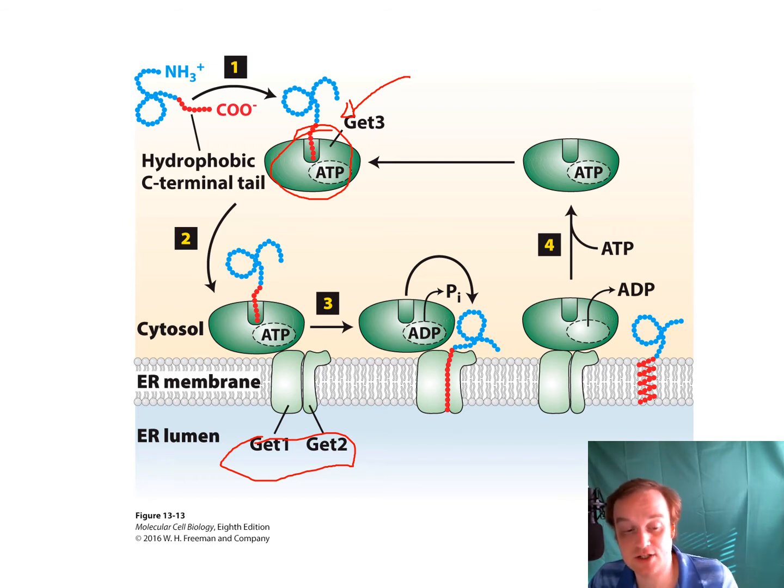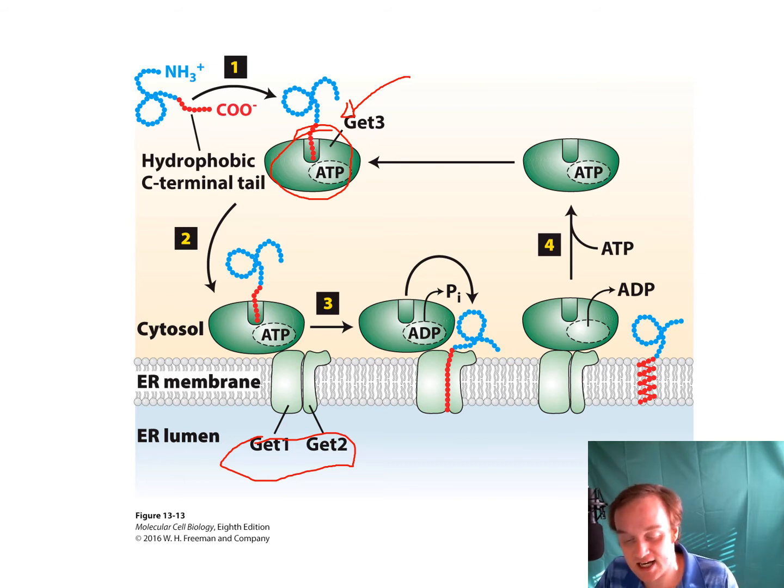And so GET1 and GET2 kind of protect this hydrophobic tail and help get it into that membrane. So they kind of provide this channel, and because they're able to be interacted with by GET3, they can change the conformation of GET1 and GET2 to facilitate this insertion of that hydrophobic tail.